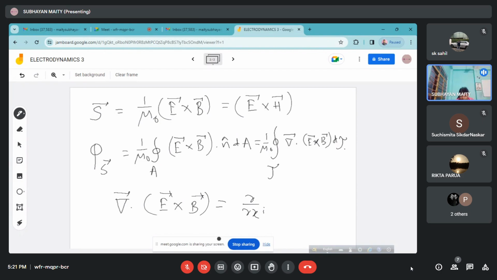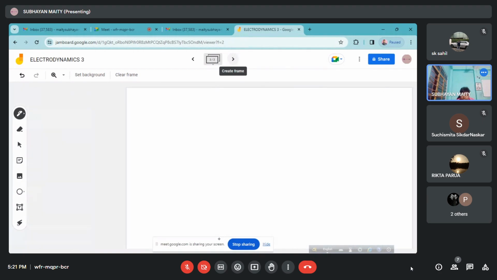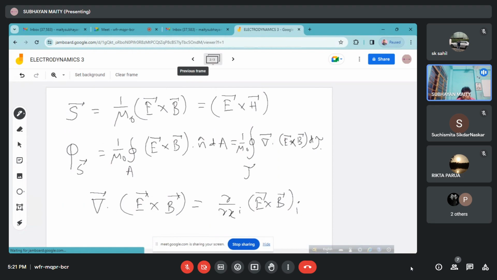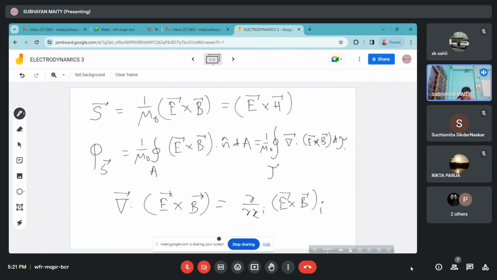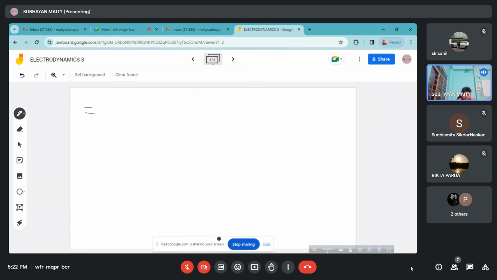Okay, now the divergence of E cross B in tensor notation you can write as del by del xi of the ith component of E cross B. And what is the ith component of E cross B? Epsilon ijk Ej Bk. So epsilon ijk del by del xi of Ej Bk.